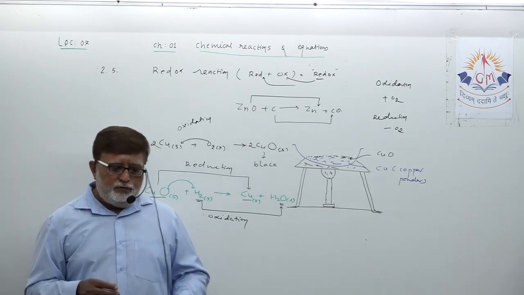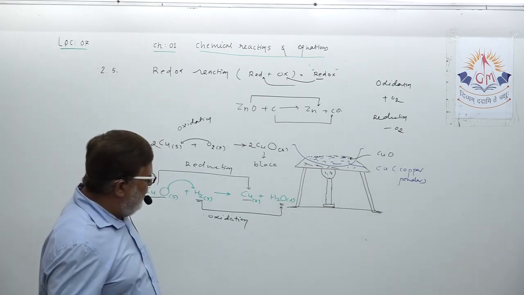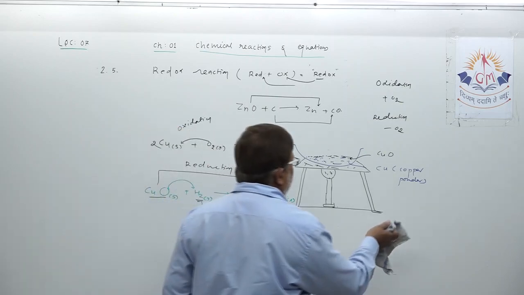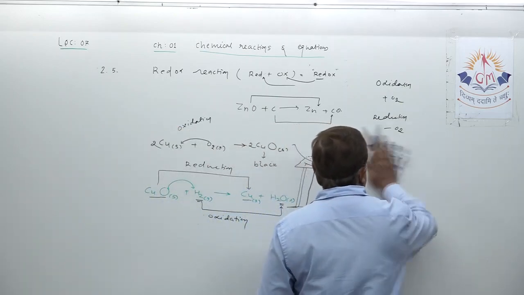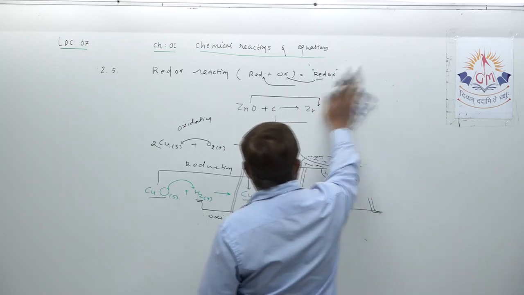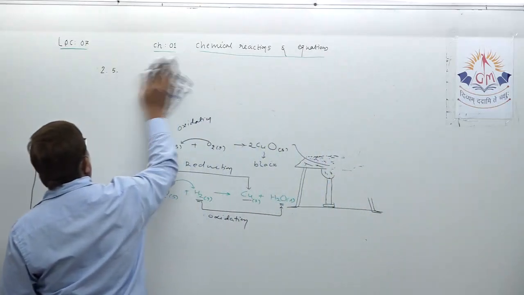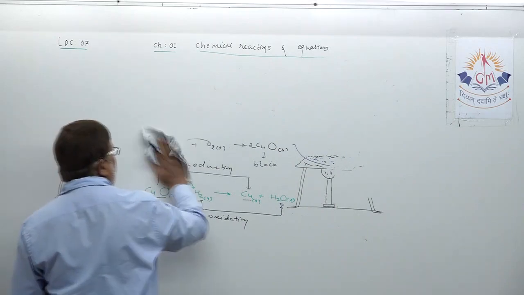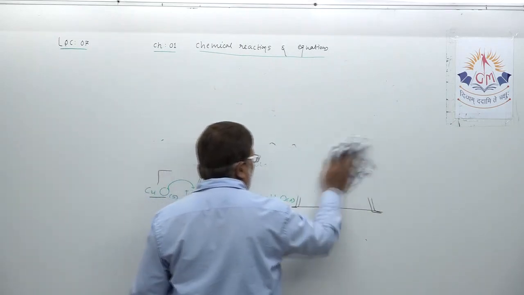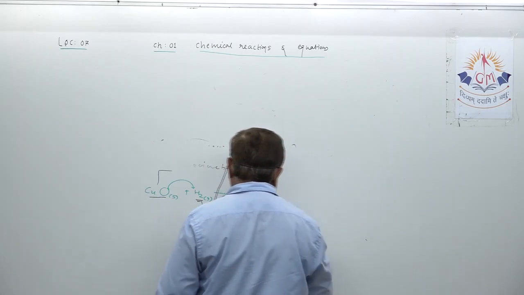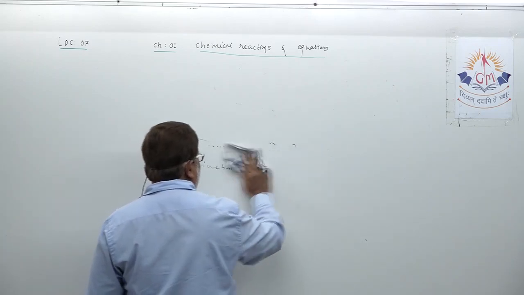Understood? With this topic, we are completing our chapter number 1, chemical reaction and equation. Okay, before we end this lecture today, this is the homework from our section. सवाल हमारा, जवाब तुम्हारा.